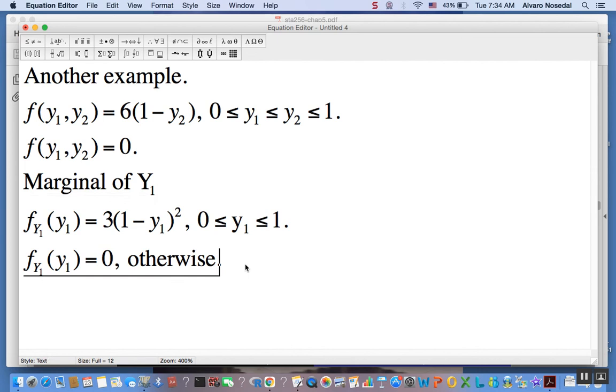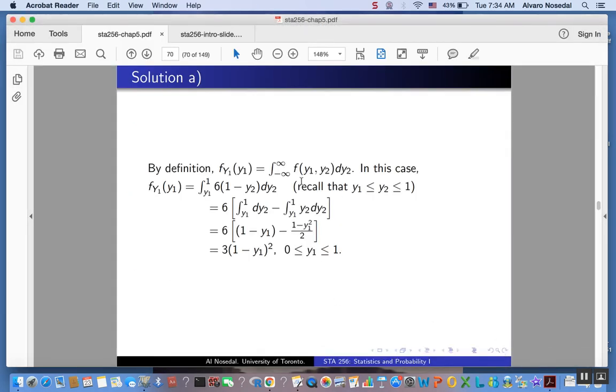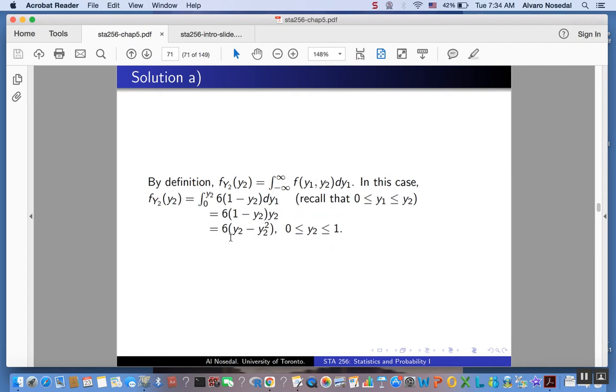Now we have something similar for y2, right? Since we want the other marginal, the marginal of y2, we integrate the joint PDF with respect to y1. In that case, when we find that integral, we end up with this expression here.